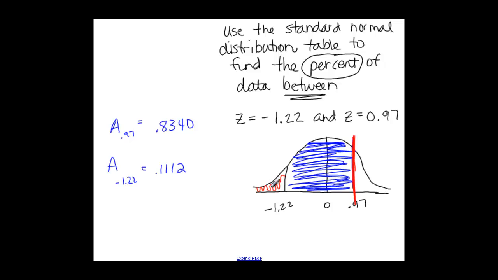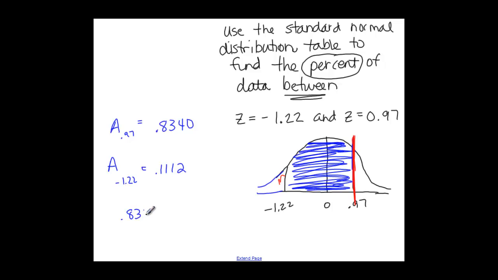And I want to subtract. We're going to take the red part away, because remember that we're just wanting the area that's in between those two z-scores. So it'll just be this area.